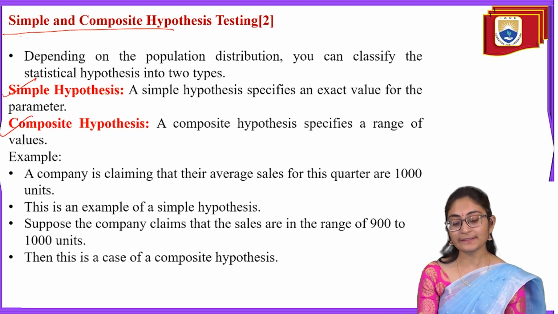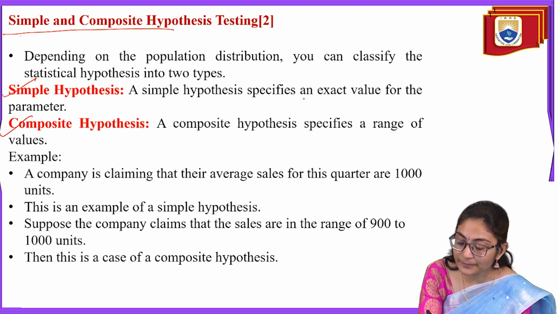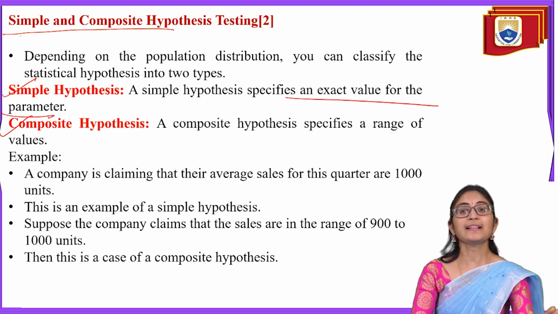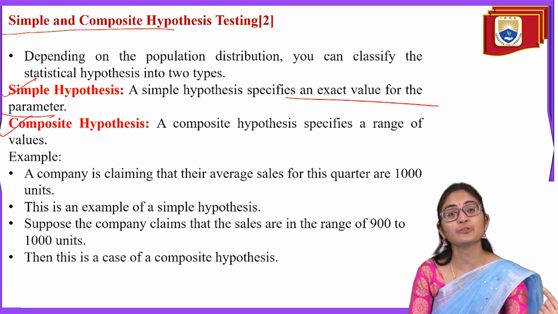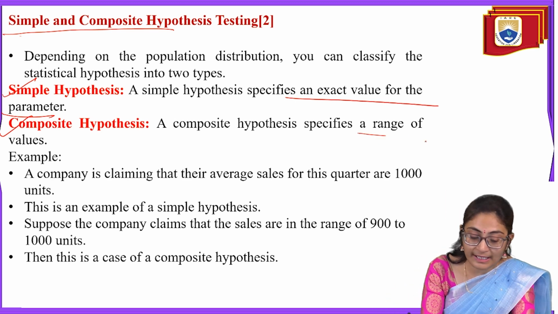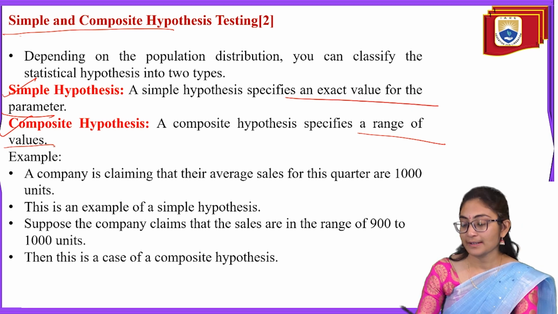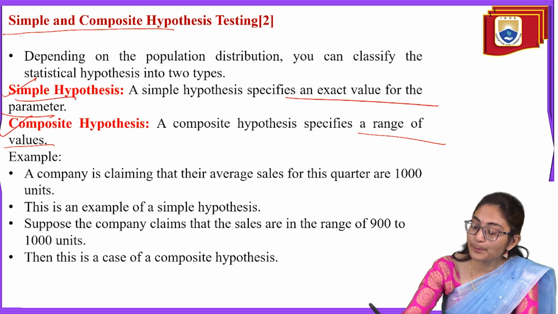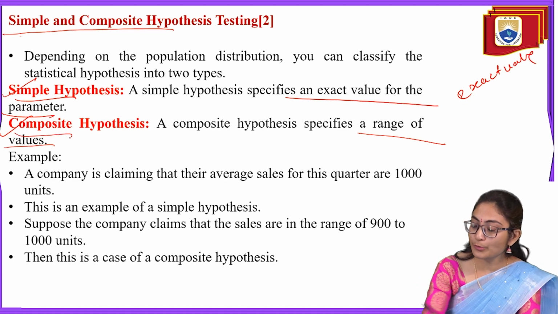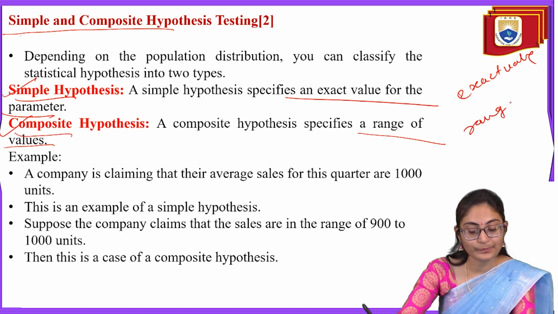A simple hypothesis specifies an exact value for the parameter, and a composite hypothesis shows a range of values. In simple, an exact value. In composite, it will show the range.